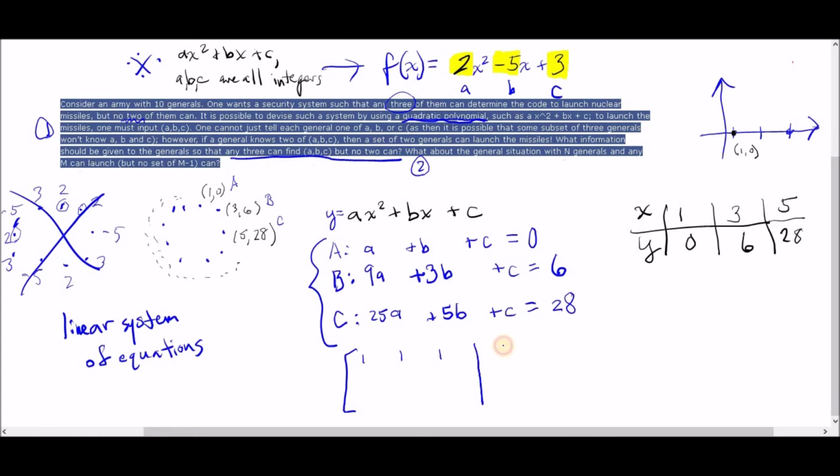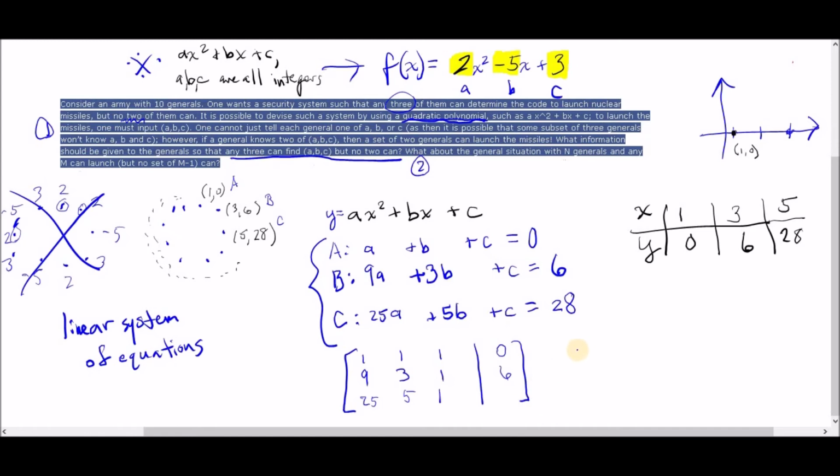This is called an augmented matrix because it's showing the same information, just written in a different way. The coefficients for this one are 9, 3, and 1, equal to 6. Then 25, 5, and 1, equal to 28.